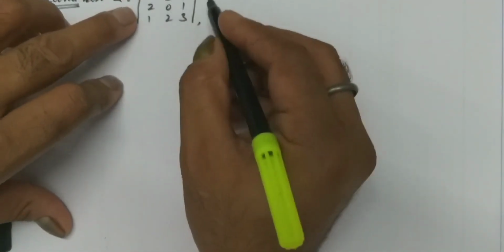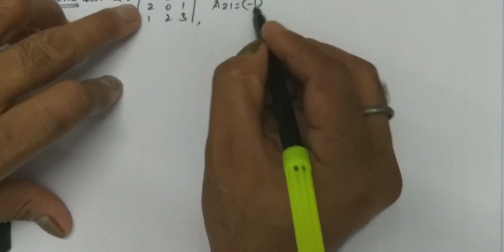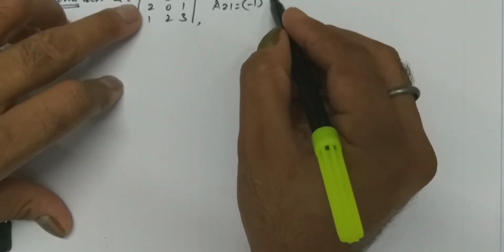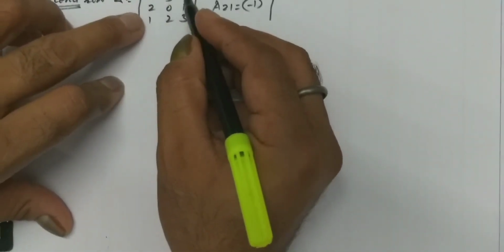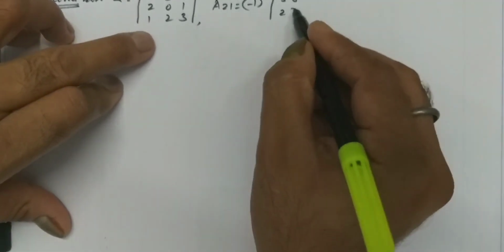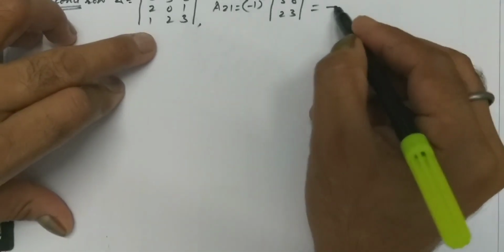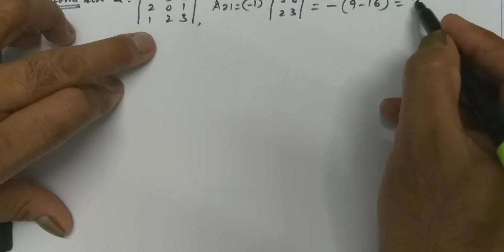This one we will do. A21 is equal to minus 1 to the power 3 and then this way, leaving these two, so 3 8 and 2 3, which is equal to minus, 3 3s are 9 minus 16, is equal to minus minus, plus 7.